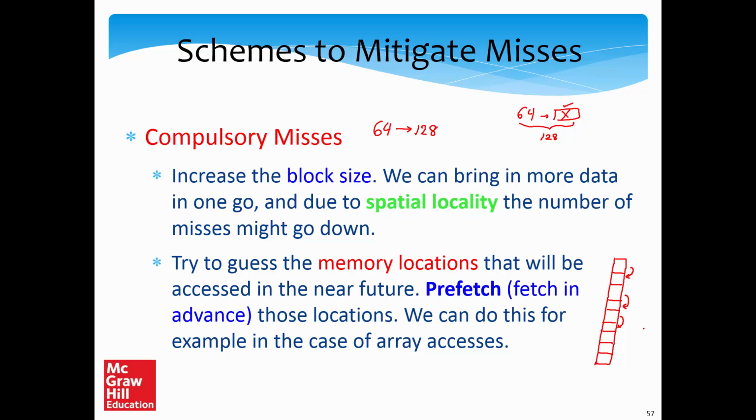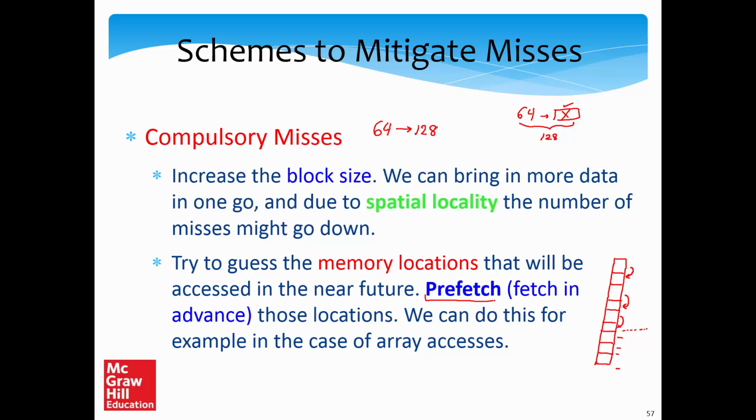If you have a small circuit over here which is analyzing the addresses of the array accesses, it will be able to predict that if we have reached this point, then most likely, since we're accessing them in sequence, we will access the next few locations. It can guess that the next few locations will be accessed because you are going in increasing order of array locations. So it can guess and fetch them from the lower level in advance, and this is called prefetching.